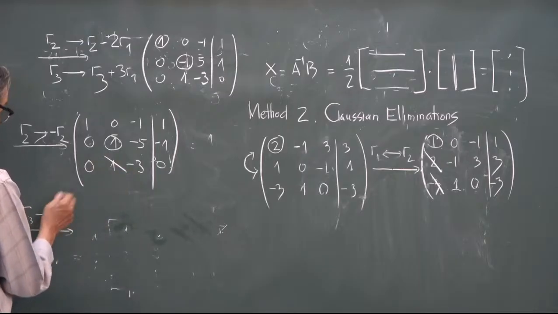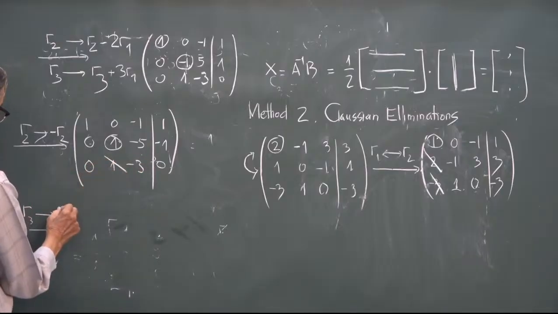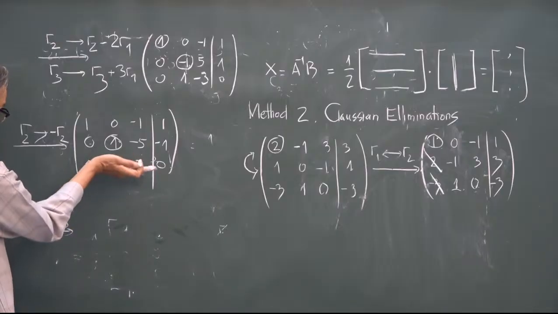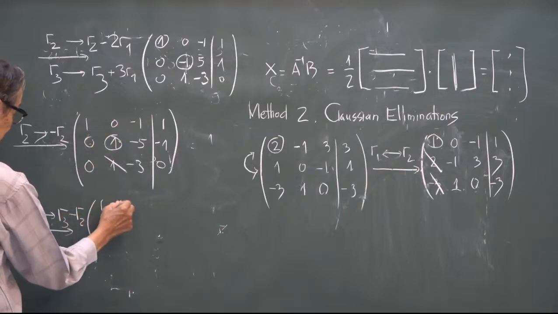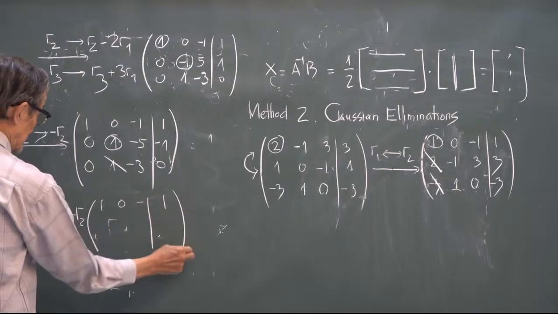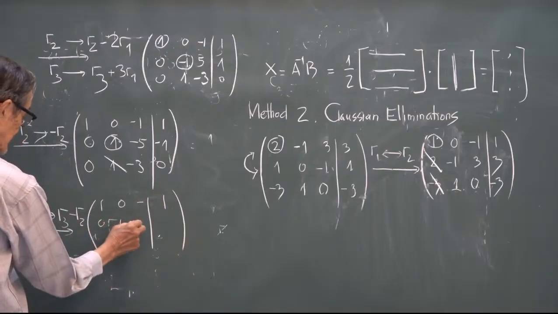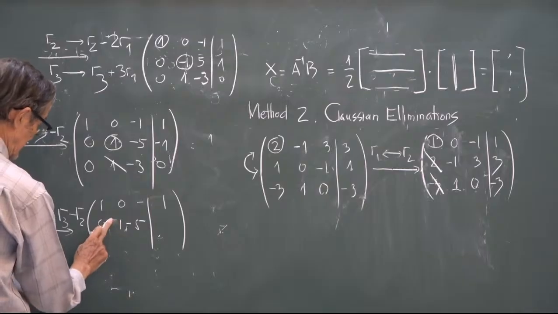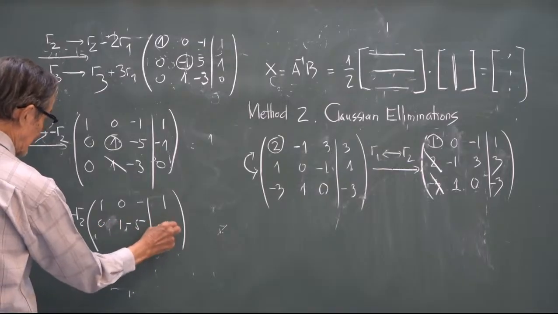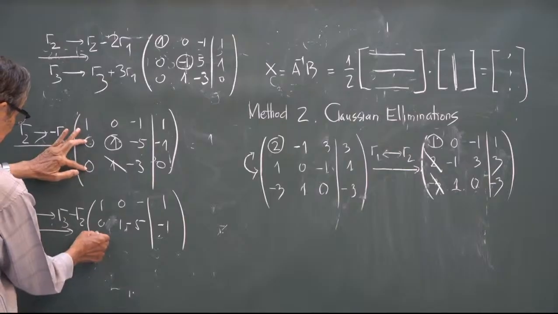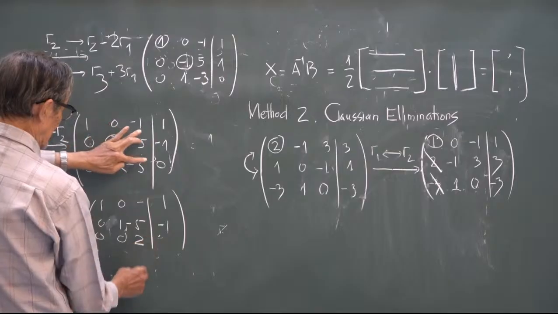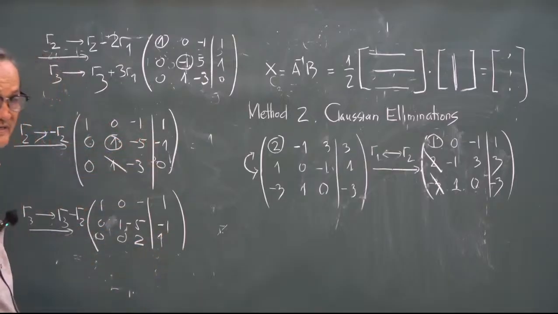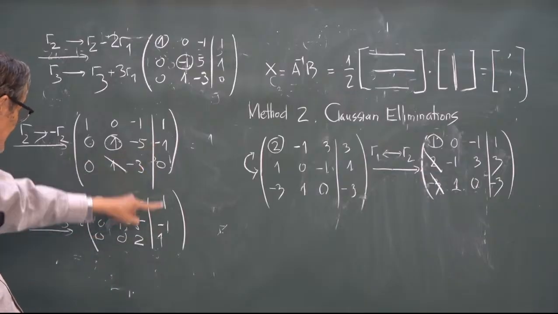We transform row 3 into row 3 minus row 2.